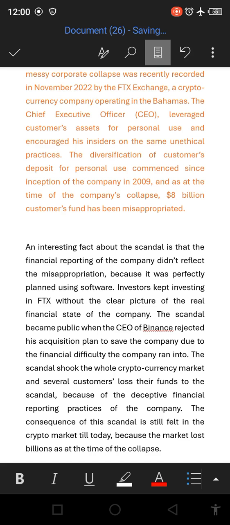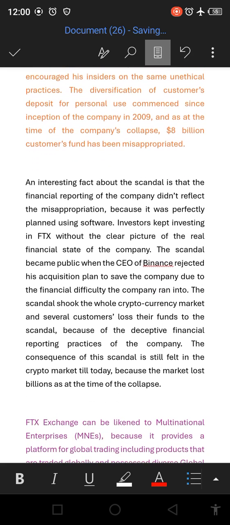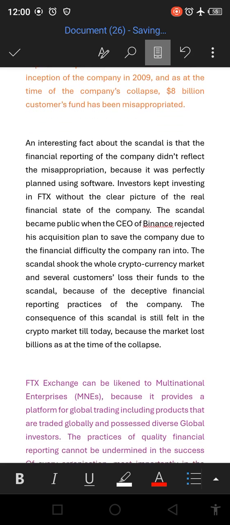So let's continue. Let's look at what is going on in paragraph 2. An interesting fact about the scandal is that the financial reporting of the company didn't reflect the misappropriation because it was perfectly planned using software. I hope you can see a very terrible issue with financial reporting practices now.